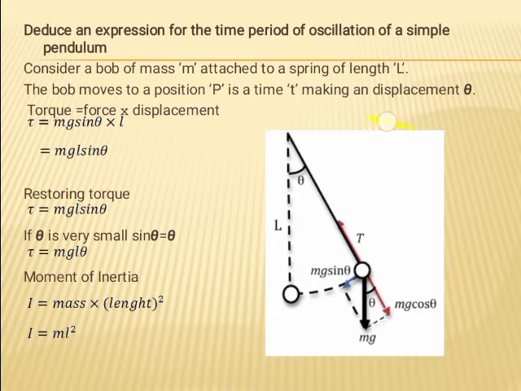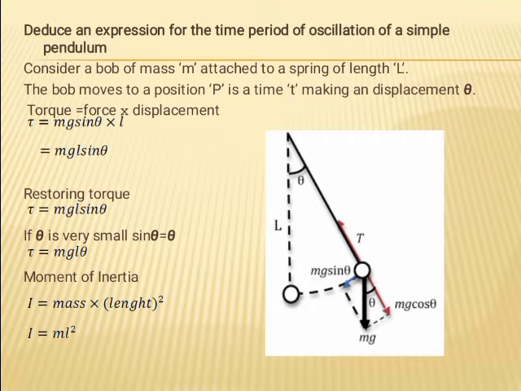Hope you understood the whole story of your simple pendulum. And now, further deriving, I would consider torque. Torque is equal to force into displacement. Torque is a type of force which is also called a rotatory force.